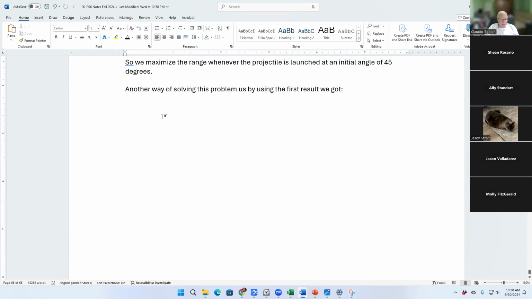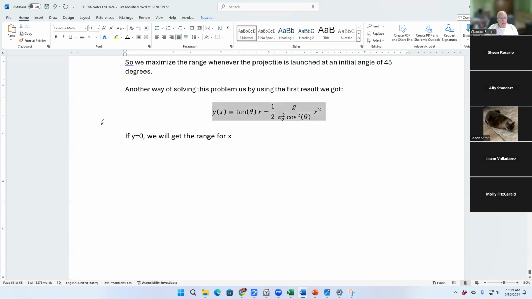So now instead of finding the instant of time, all we have to do is find the x, right? For y equal to 0. If y is equal to 0, we will get the range for x, right? Actually, we get two solutions, just like we got for the t, right? Here you go, y equal to 0. X becomes the range, and now we have two solutions for x, just like we had before.